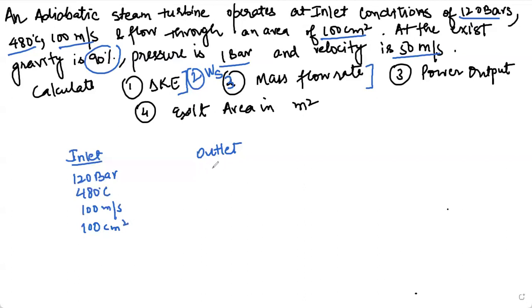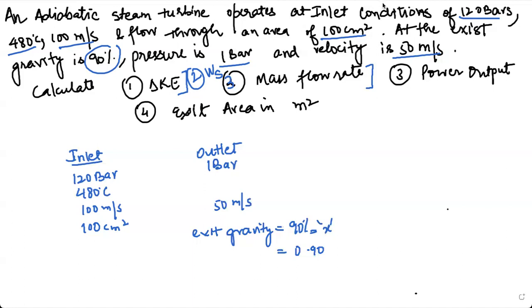Then outlet pressure is not known, only the exit quality is given as 90%, which is also the X or the quality, and it is at 0.9. Then you have your pressure at outlet as 1 bar and the flow velocity as 50 meters per second.